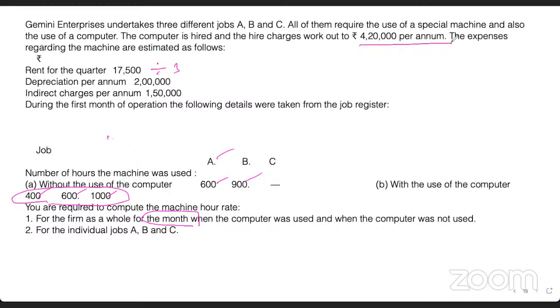So machine hour rate for A 17, B 17, C 27.5. Most important question. Completed.